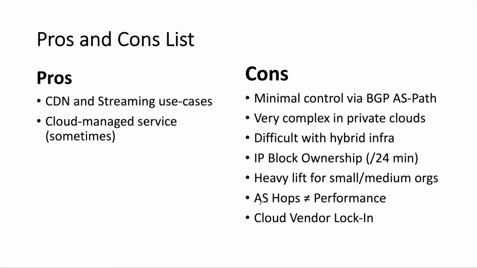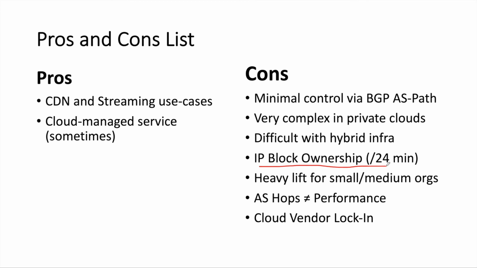One thing I like to point out, though, because I've got a networking background myself, is that if you're using BGP, an AS hop is not equivalent to performance, right? BGP doesn't care about application performance. It only cares about network hops. And so it doesn't necessarily always mean that your user is going to be getting the best experience just because you're using Anycast. Another good thing to point out is if you need to manage an Anycast network on your own, it's a pretty heavy lift.